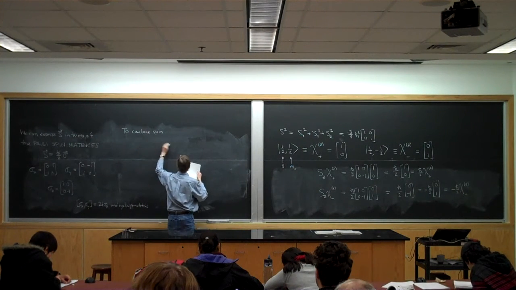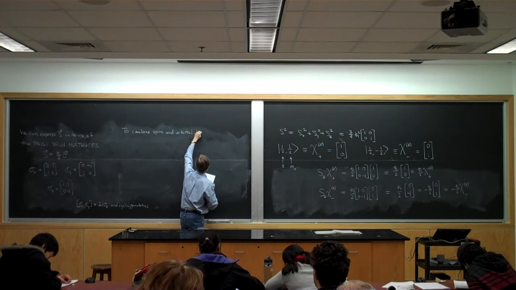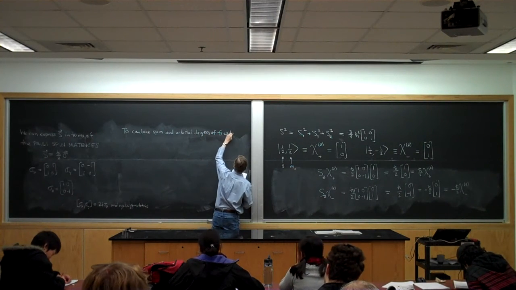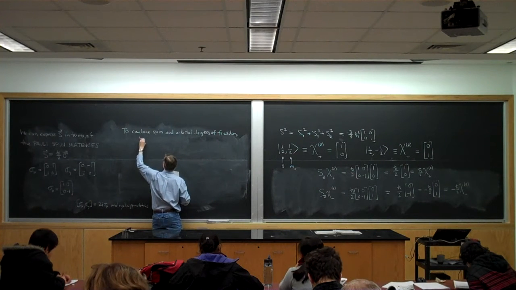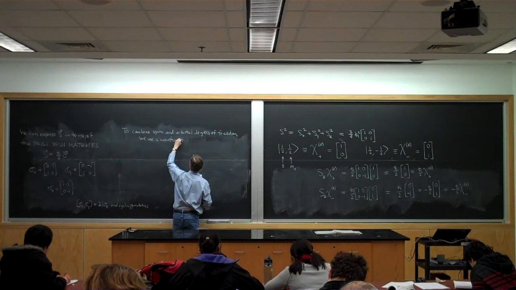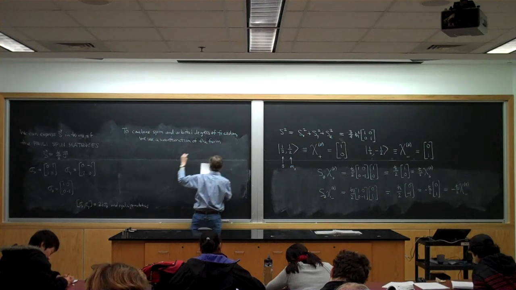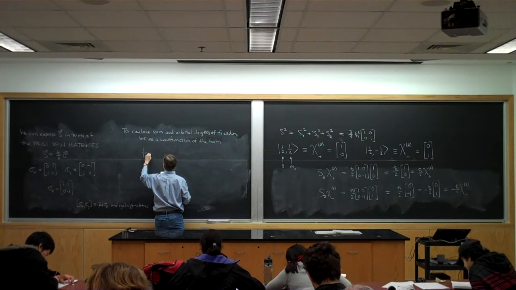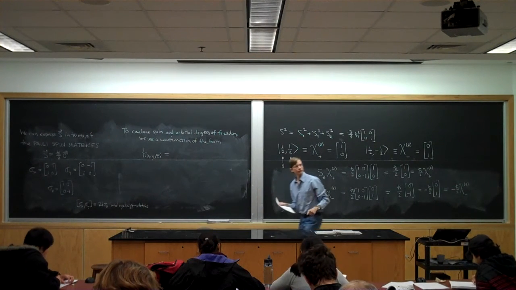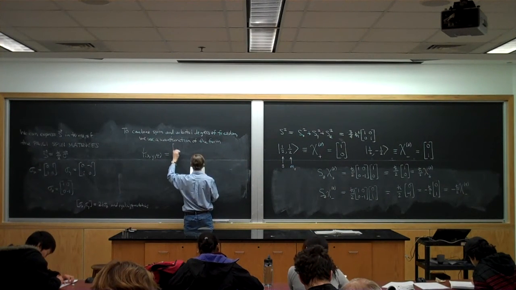To combine spin and orbital degrees of freedom, we use a wave function of the form psi of x, y, and z for our electron is a two-component column vector.